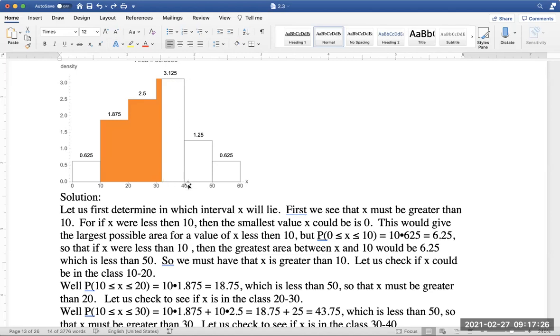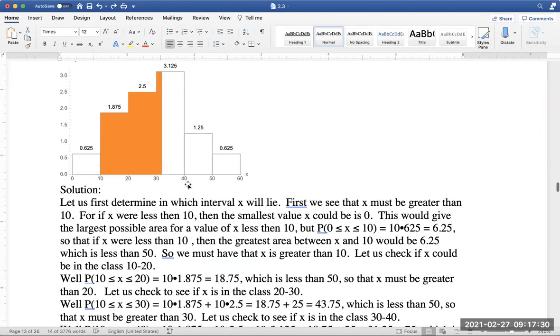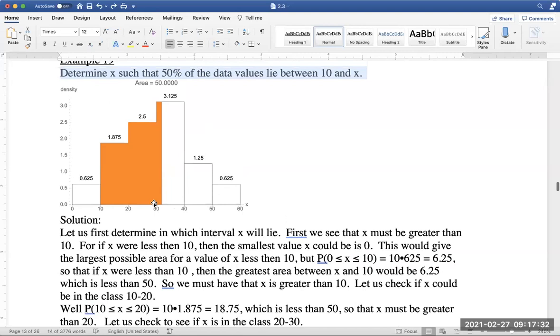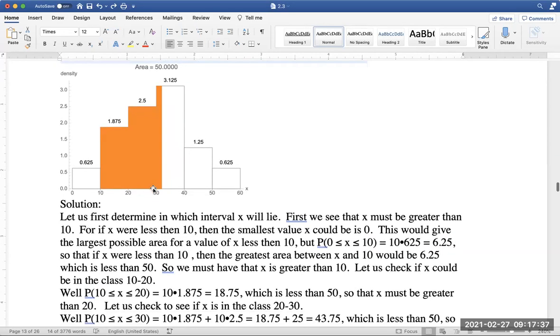I'm well past 50%. So I start at 43.75%, I keep going up, eventually hit 50%, and then I get at the end to 75%. So somewhere in between, I'm at the 50% mark.